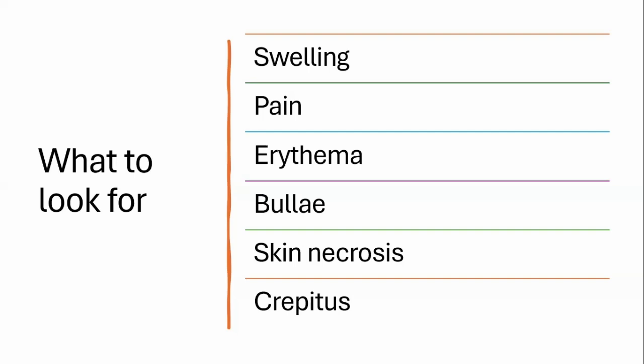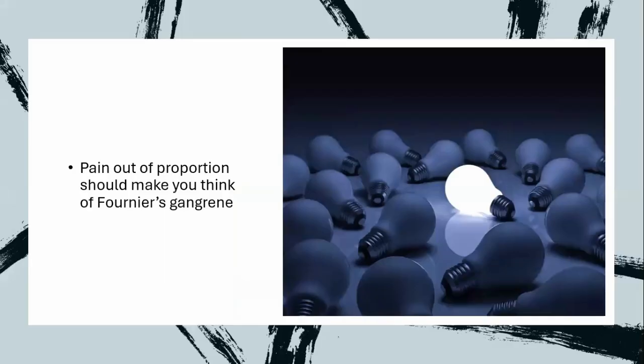Funny enough, the literature says that Fournier's gangrene is actually misdiagnosed as cellulitis or an abscess in 75% of cases. So if your patient presents with swelling, pain, and erythema, and they have pain out of proportion, you should really be thinking, this is Fournier's gangrene, and you should be saying, why is it not? It's Fournier's gangrene until proven otherwise.